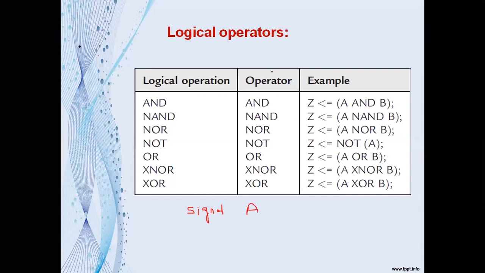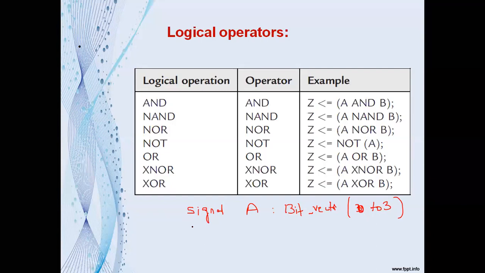Now I am declaring the type of A as bit_vector, with 3 to 0, or say 0 to 3. I am specifying an array in the ascending order.